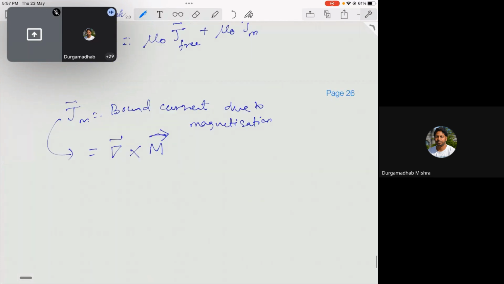If you take the curl of this M, you get the bound current due to this magnetization.